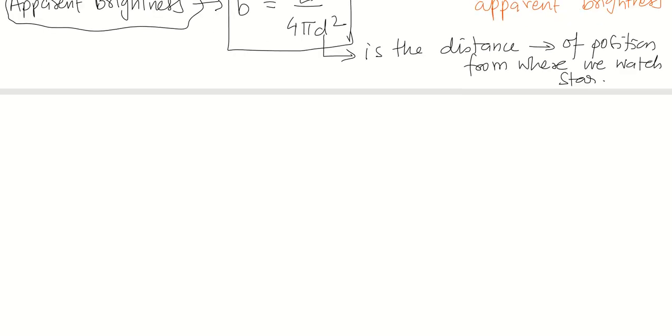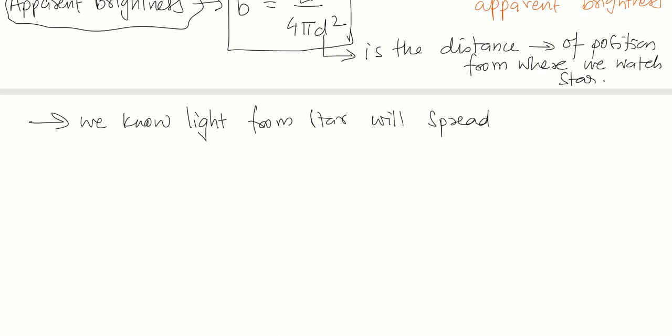Okay, now technically we know light from a star will spread as a three-dimensional, like a sphere.